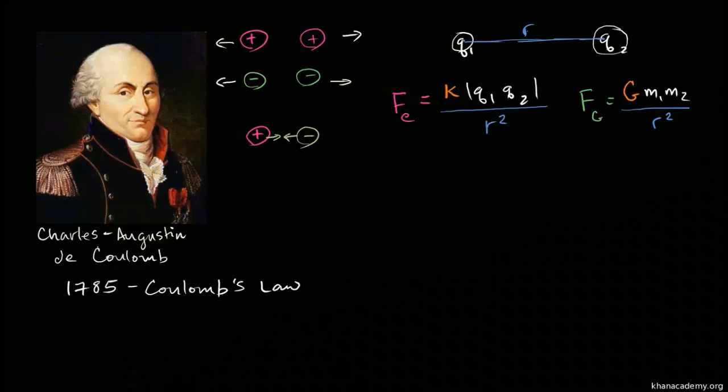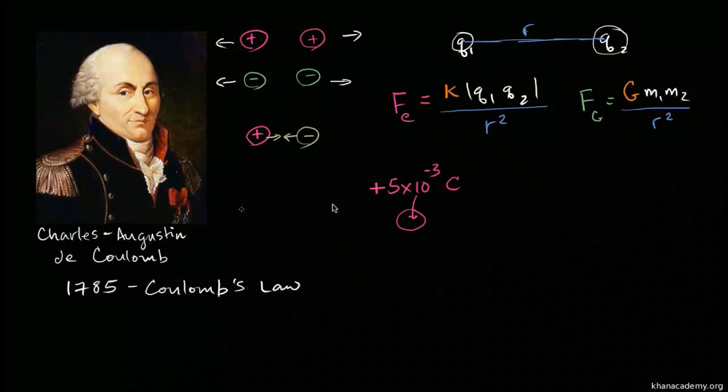So let's say that I have a charge here, and it has a positive charge of, let's say, positive 5 times 10 to the negative 3 coulombs. So that's this one right over here. That's its charge.